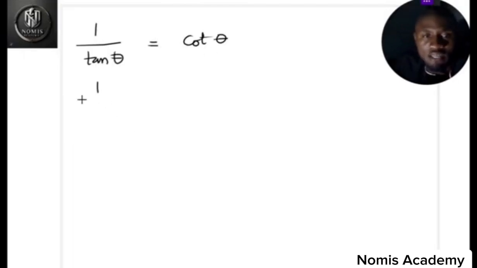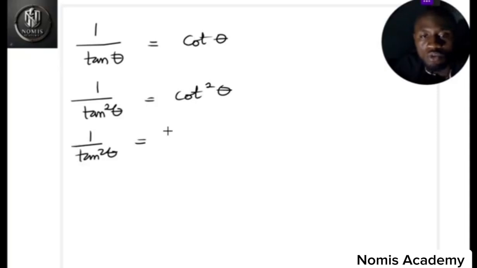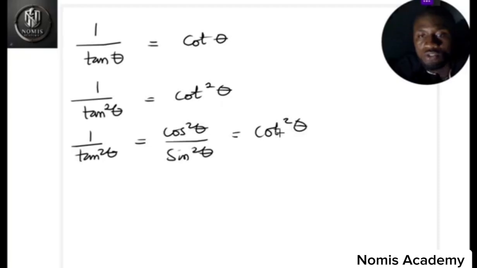If that is the case, 1 all over tan squared theta is equal to cot squared theta, which is cos squared theta all over sine squared theta. So we have just made the left hand side equal to the right hand side.